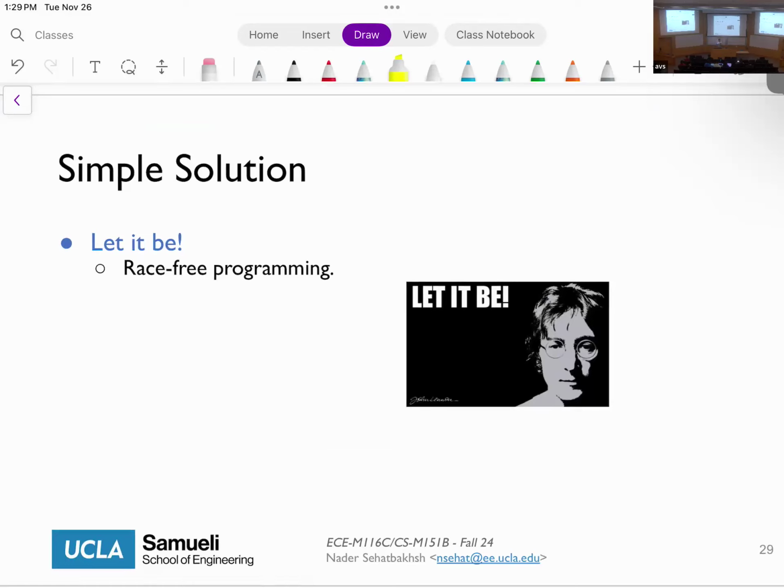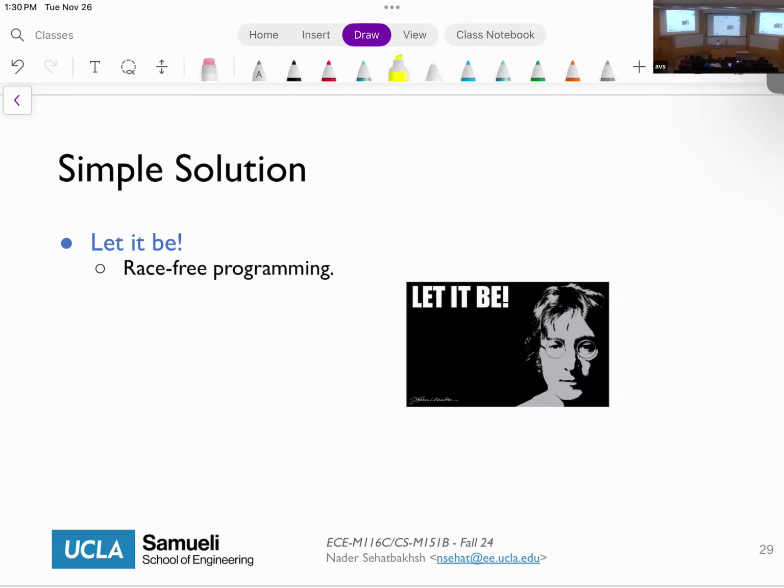There are two solutions. The first solution is that I don't add any other guards or helps. Instead, I write a program where any order will always result in the same result. This is what we call a race-free program. It's usually very, very hard to write, but you technically can write a program that doesn't have any race condition, which means I don't care which order you run this, it will always result in the same value at the end.